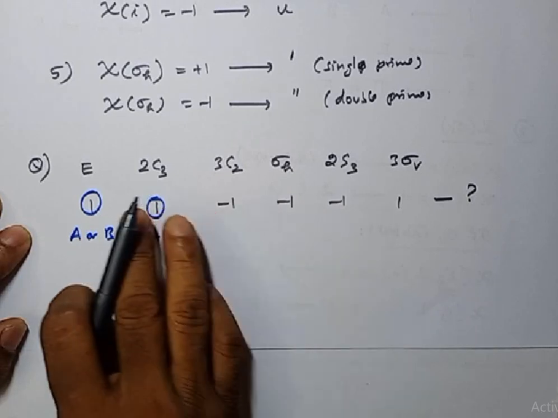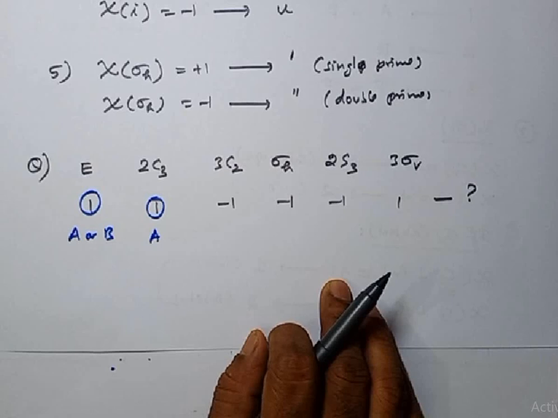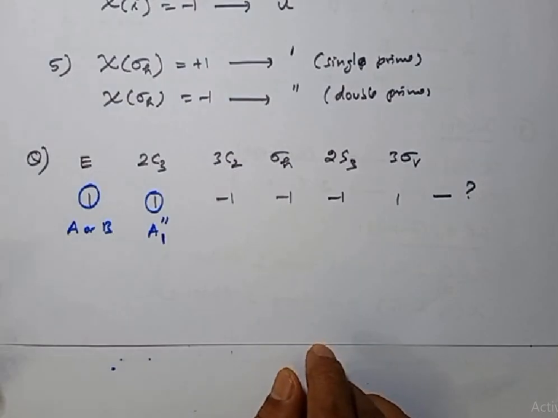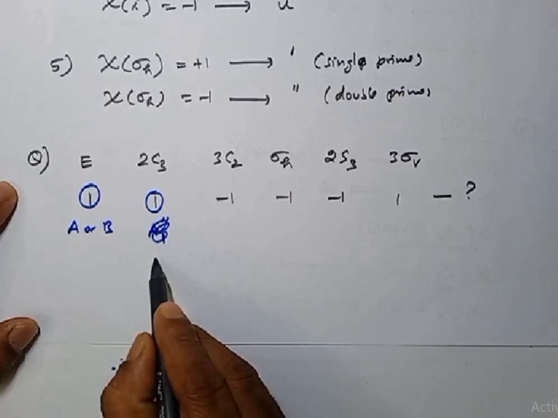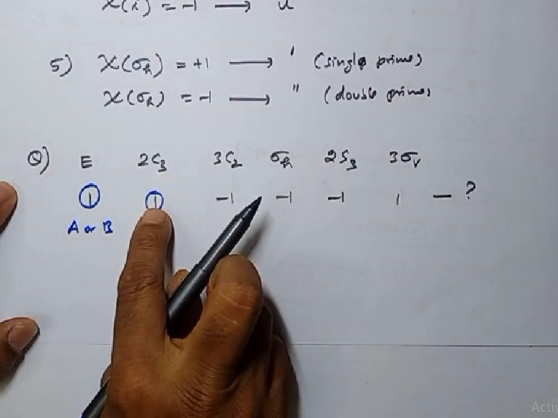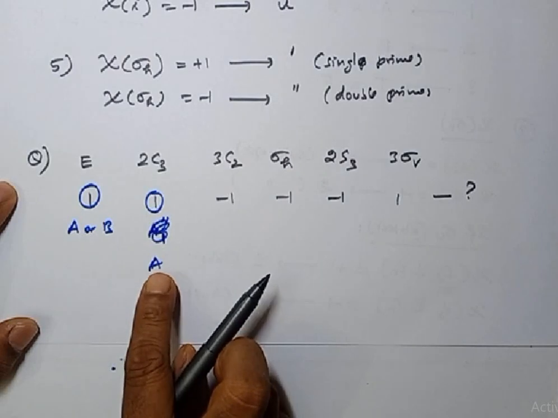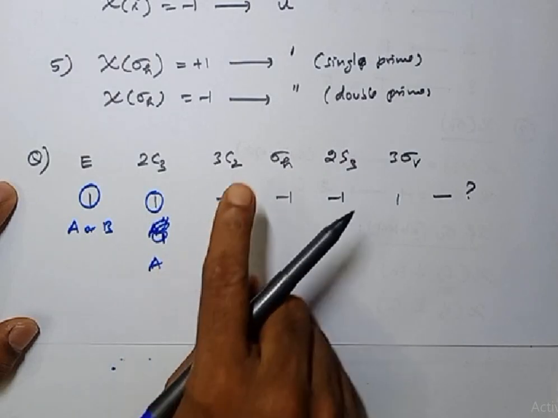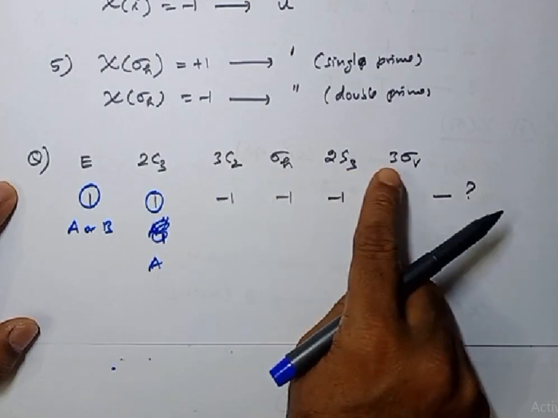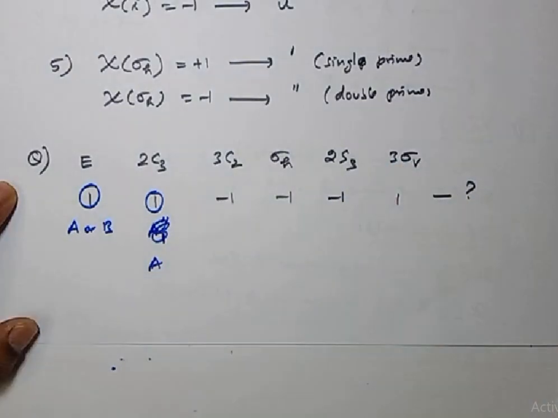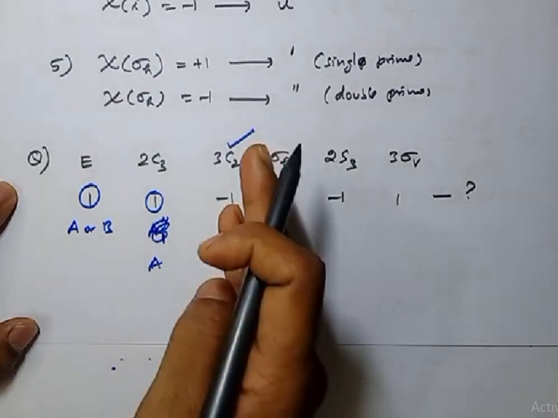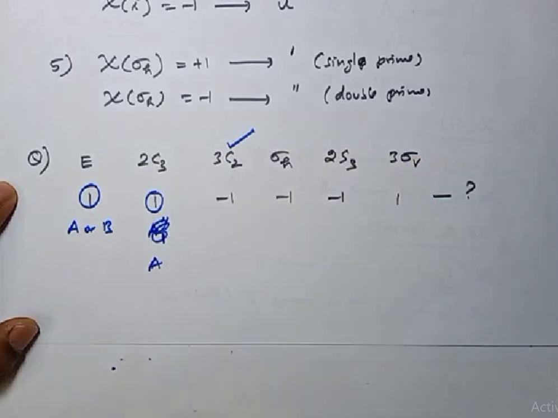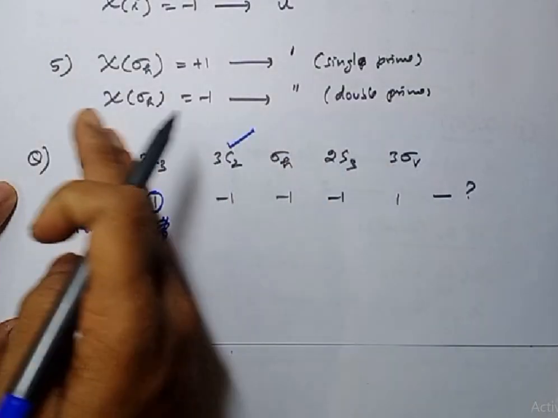Then is there any vertical plane? Vertical plane is there. We fixed that the principal axis has character +1, so the symbol should be A. Then we have C2 as well as a vertical plane. When both are there, you should give importance to C2 because C2 comes first in the arrangement of these symmetry operations.